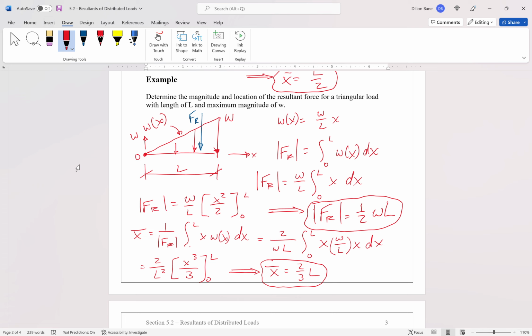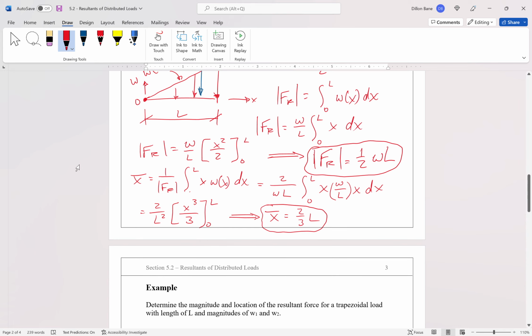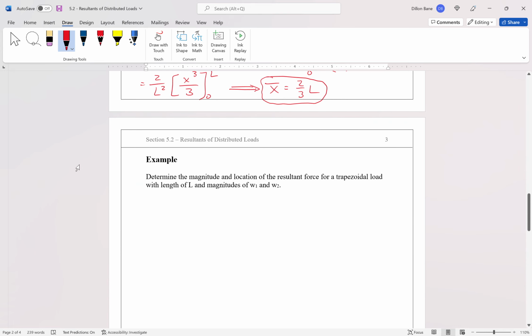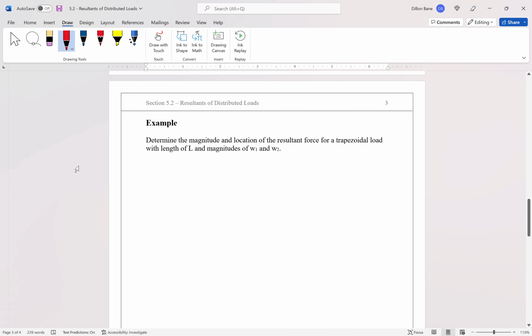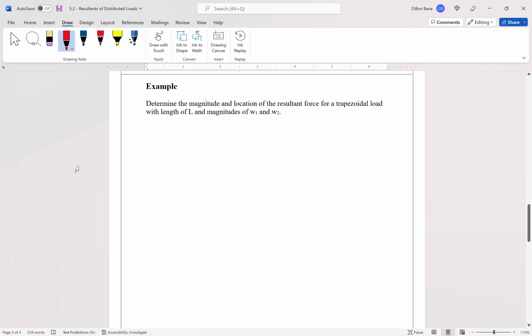This is always what it will be. The next example, on page 68, I wanted you to do the same thing to figure out what the magnitude of FR and what X bar would be for a trapezoidal load that's got a starting value of W1 and an ending value of W2, and the length of it is L, right?